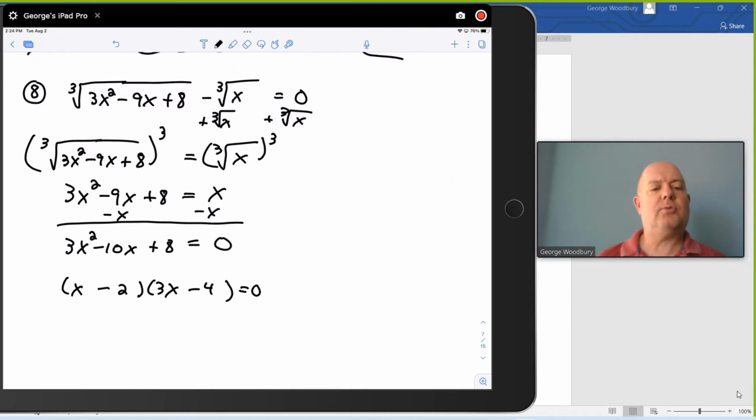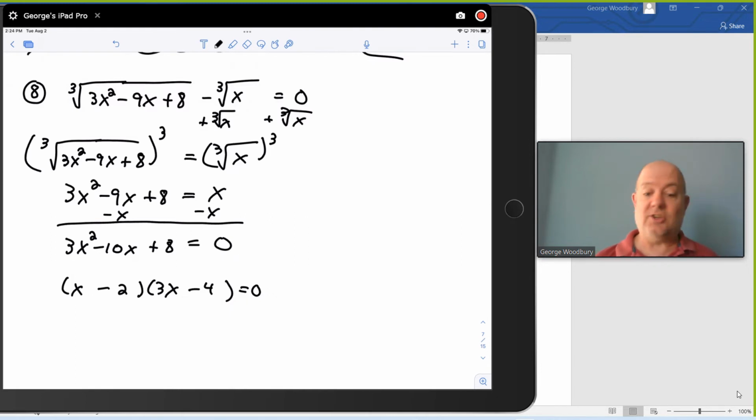X minus 2 times 3x minus 4. If you distribute that out, x times 3x is 3x squared. X times negative 4 is negative 4x. Negative 2 times 3x is negative 6x. Negative 4x and negative 6x make negative 10x. And finally, negative 2 times negative 4 is positive 8. So this is the right factoring.